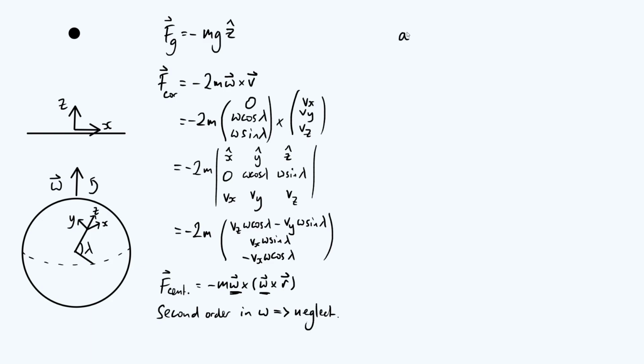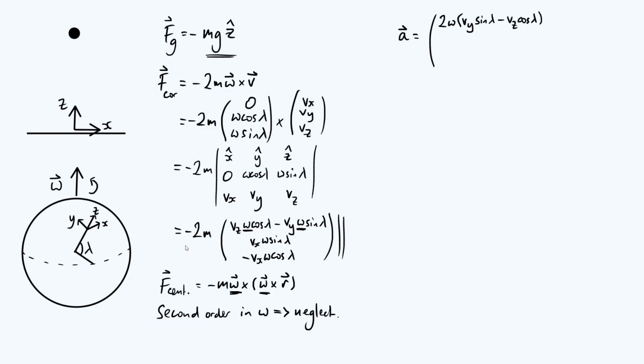So our acceleration vector, by adding together this fg and this Coriolis force vector, and dividing them by the mass, what are we going to get? Well, our x component will be, notice that there is a common factor of omega in both terms of our x component there. And so we can write that as 2 omega times vy sine lambda minus vz cos lambda.